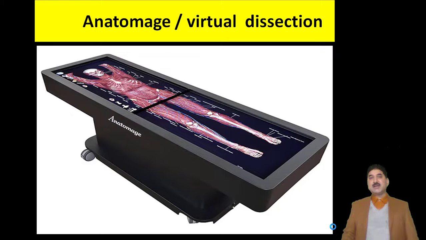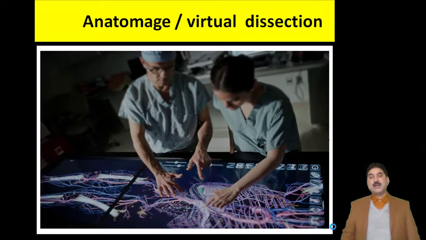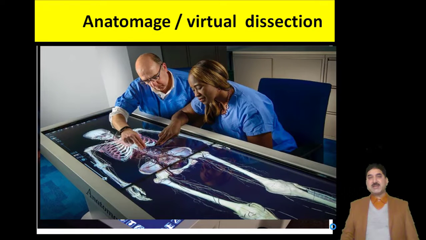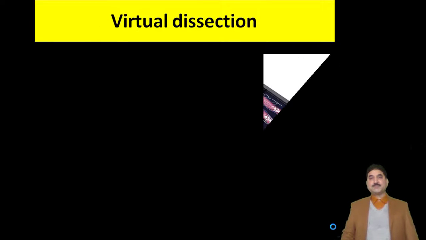It consists of a dissection table. Here we can see anatomy in a systemic manner. You can remove the skin, superficial fascia, muscles, bones, nerves, and see only the cardiovascular system, or only the muscular system, or only the nervous system, by taking out other systems of the body.